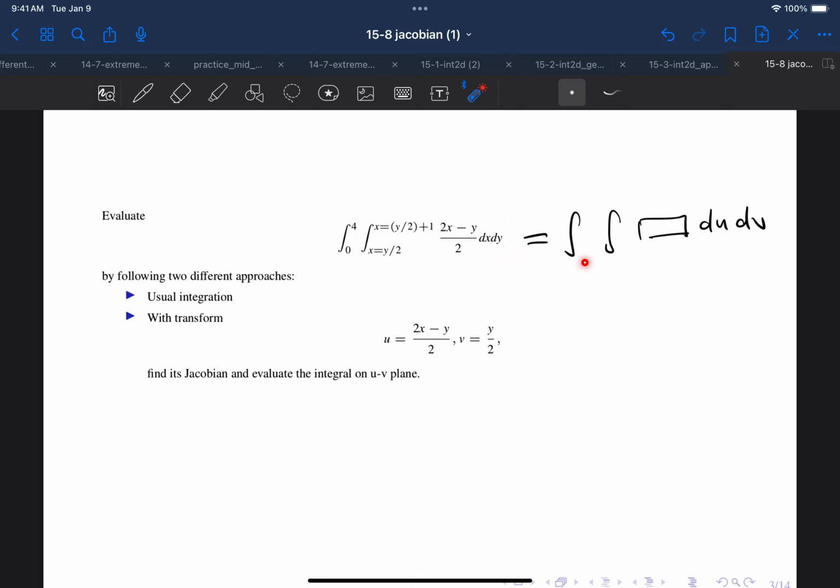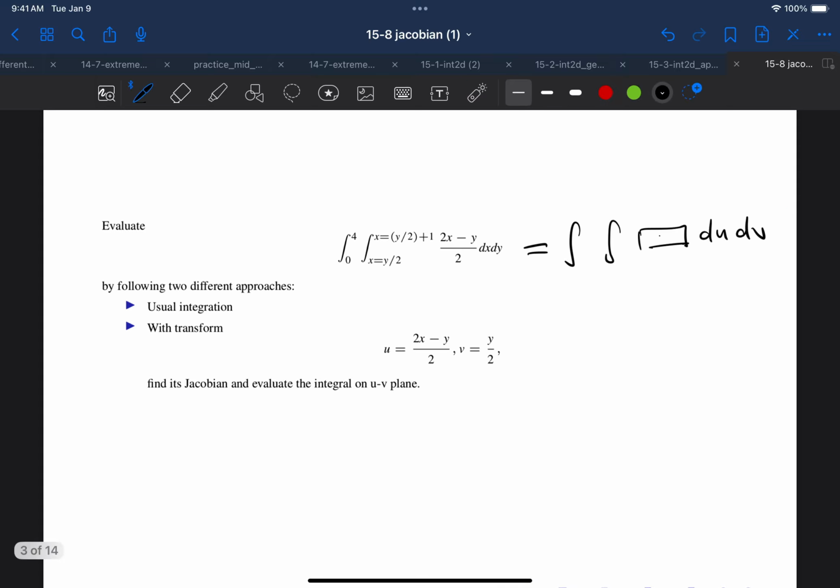But the problem when you set it up is what you need to put here, and here. Those are five spots that are undetermined, which need to be figured out when you do the substitution, and that comes from the Jacobian.